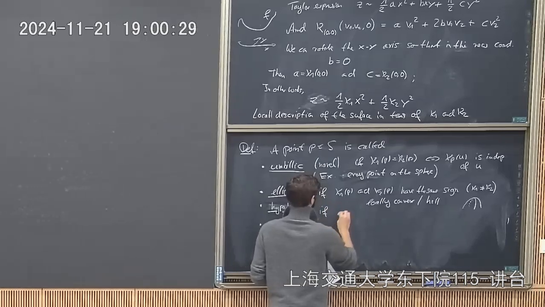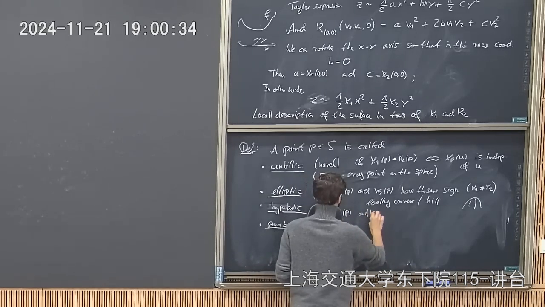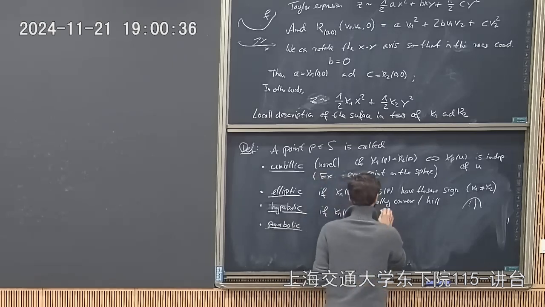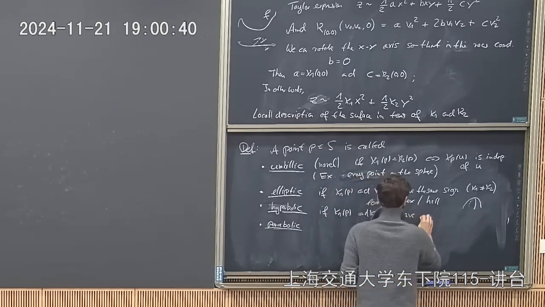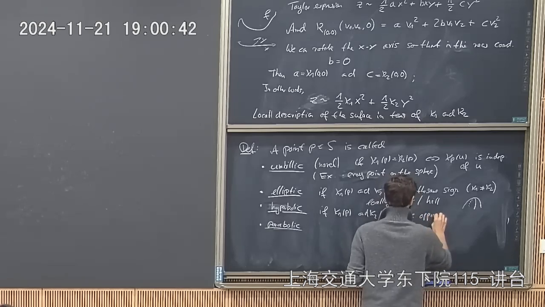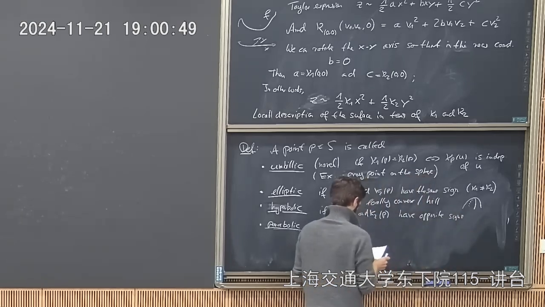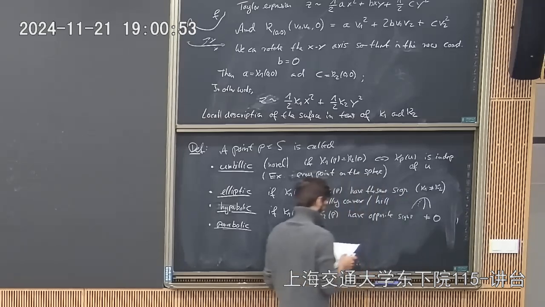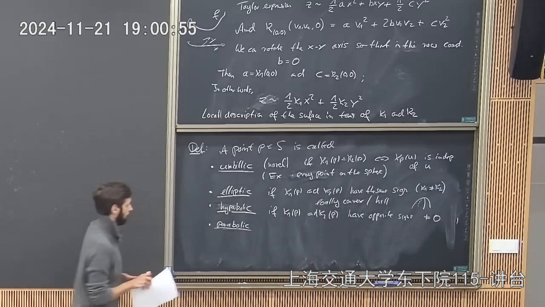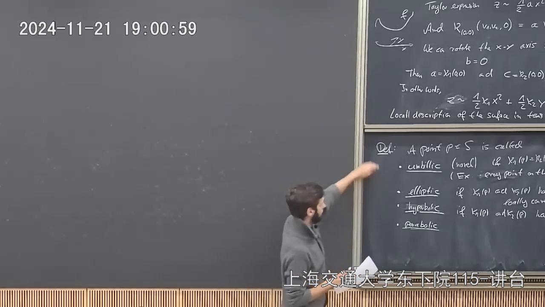Then we have the case where kappa 1 and kappa 2 of P have opposite signs and are not zero, so none of the directions is flat.